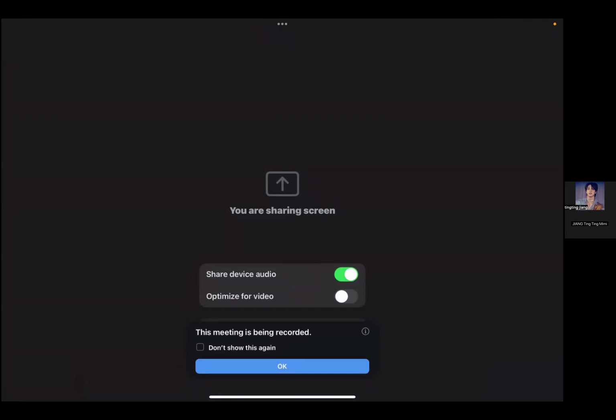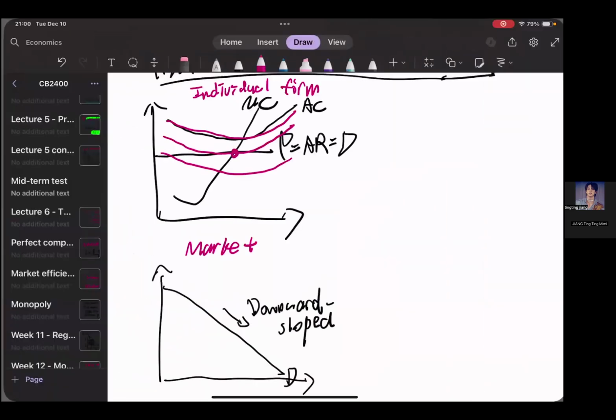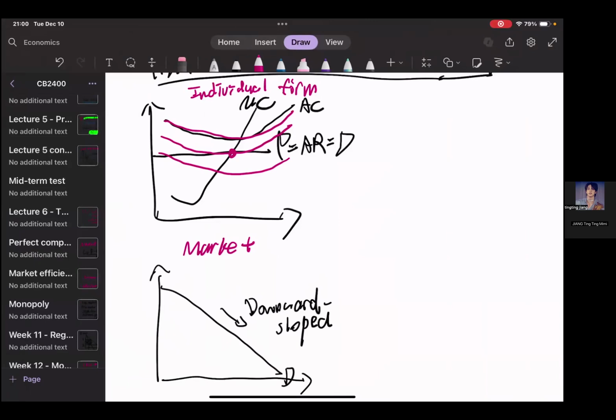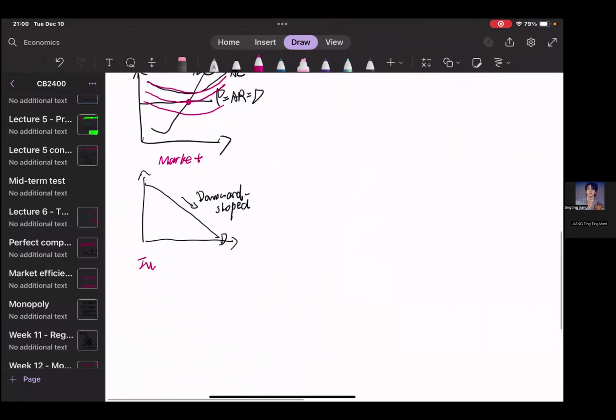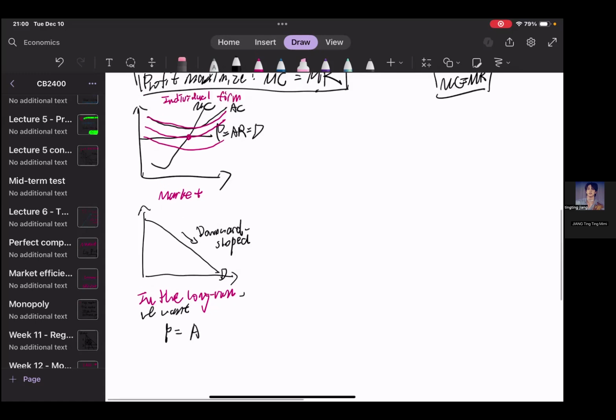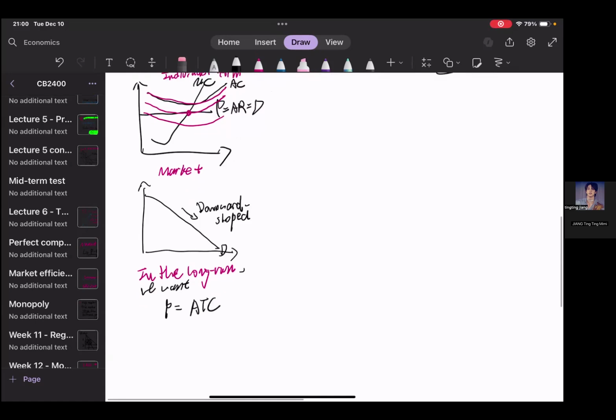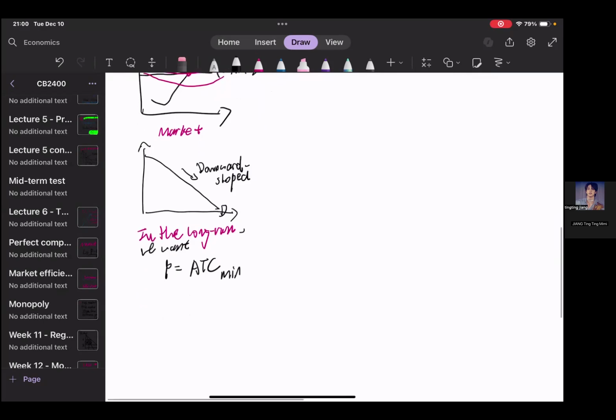And yeah, in the long run, we want P to be equal to the minimum point of ATC. AC. It should be ATC. Average total cost. The minimum point.